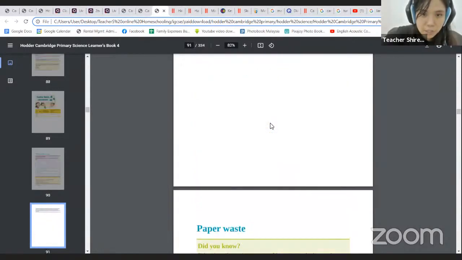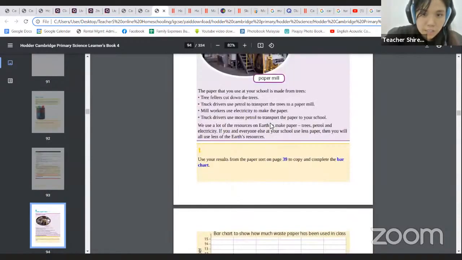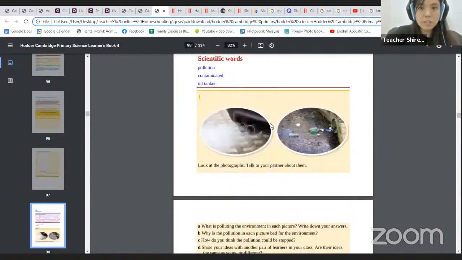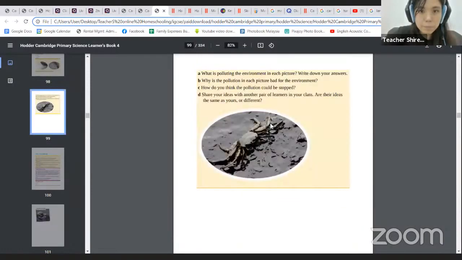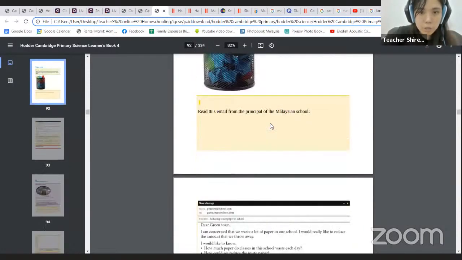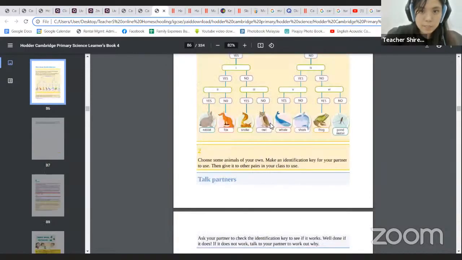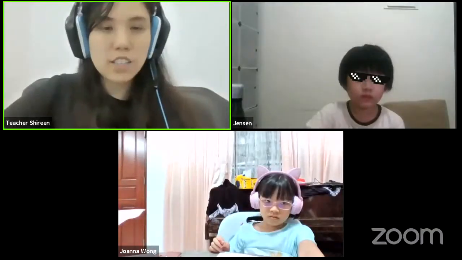So the next lesson we're going to learn about waste. The 3 R's: recycle, reduce, and reuse. And also pollution if we can cover all at the same time. So that's what we're going to cover tomorrow. Mind map done. That's all for today. Enjoy your tea time. Bye.